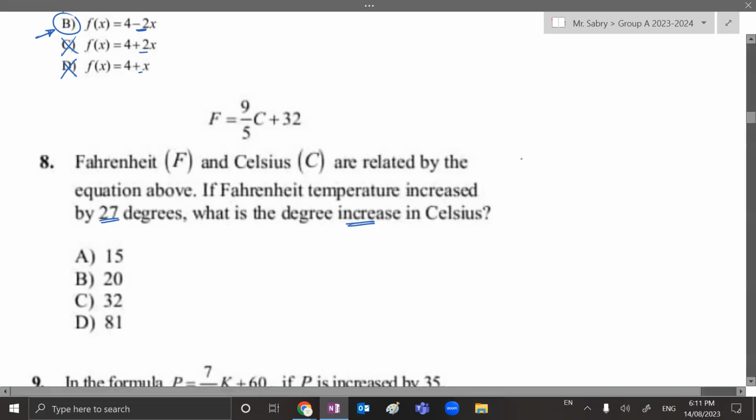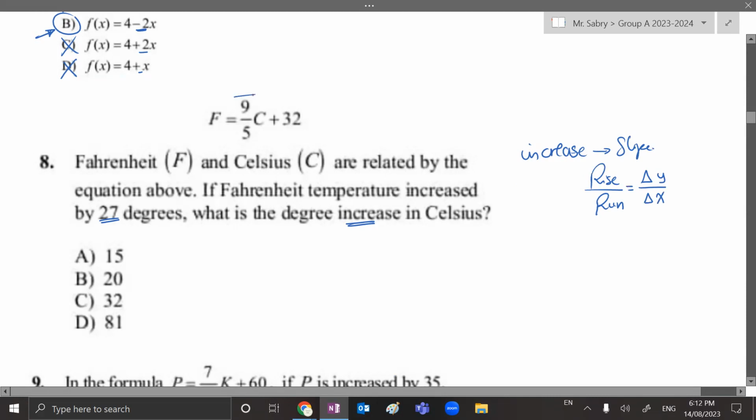So whenever we're talking about the increase، قلنا this is one of the key words of the slope actually، لأن السلوب is considered as we said اللي هو rise over run. وأنا لسه قايل لكم إن الرايز أوفر ران إنه يعتبر التشينج in y over the change in x.